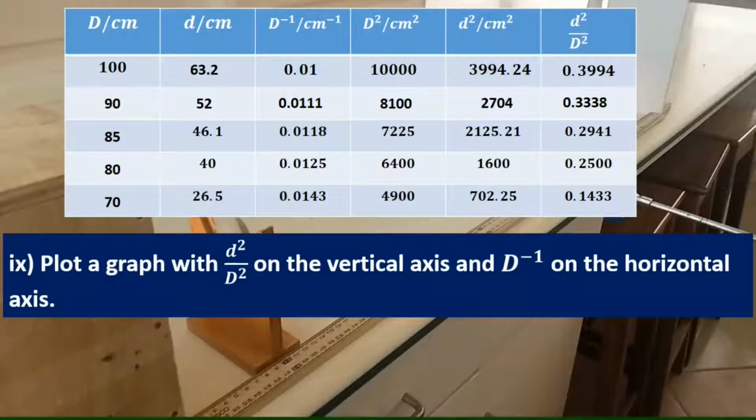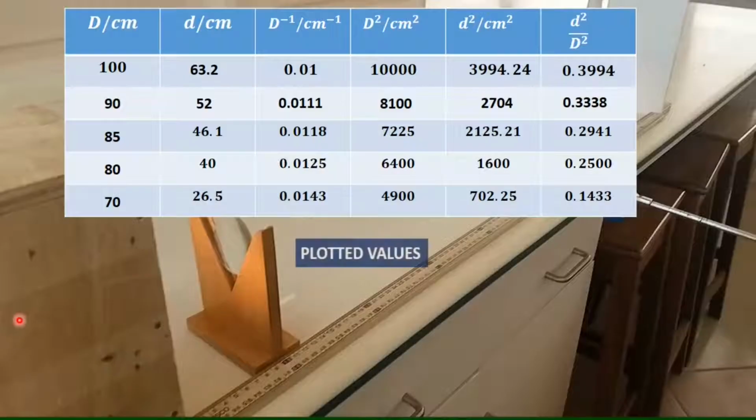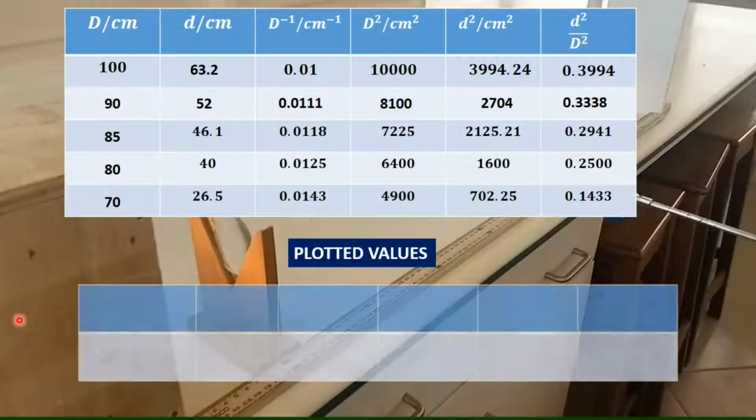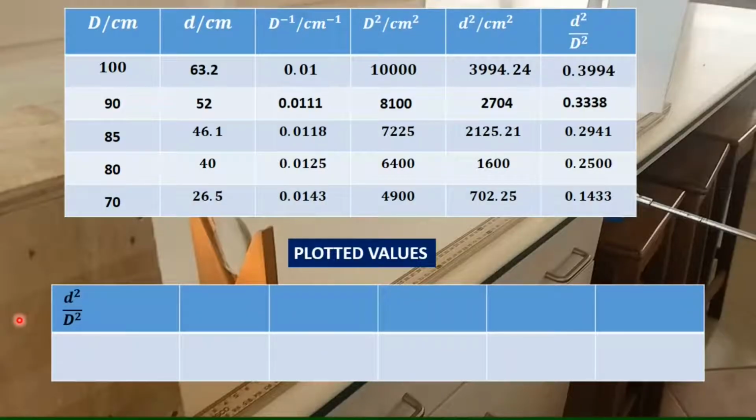Plot a graph with small d square over capital D square on the vertical axis, and capital D inverse on the horizontal axis. We have to change the values to standard form, for easy plotting. For small d square over capital D square, we move the decimal point 4 times to the right. 1, 2, 3, 4.